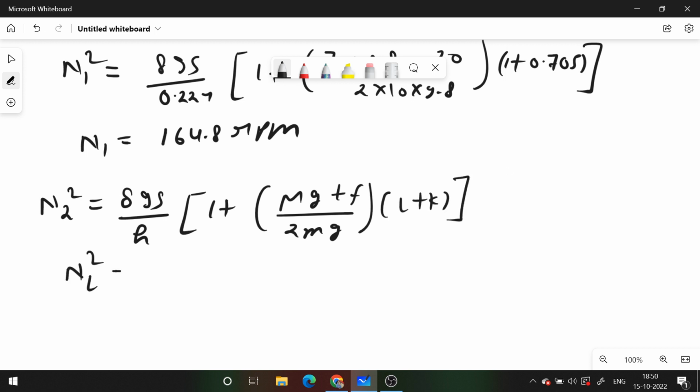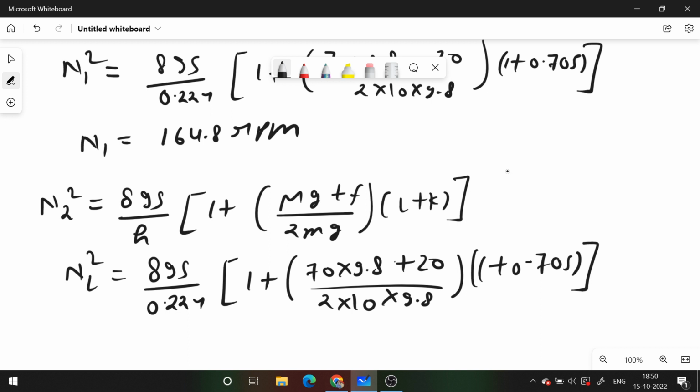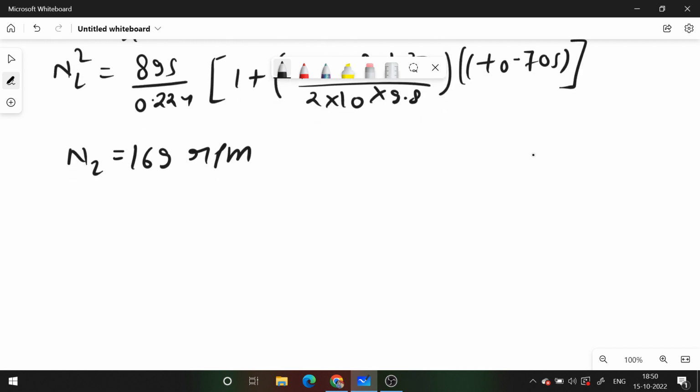So from here N2 square will be equal to 895 upon 0.224, 1 plus 70 into 9.8 plus 20 divided by 2 into 10 into 9.8, 1 plus 0.705. Now calculating this, N2 will be equal to 169 rotation per minute.